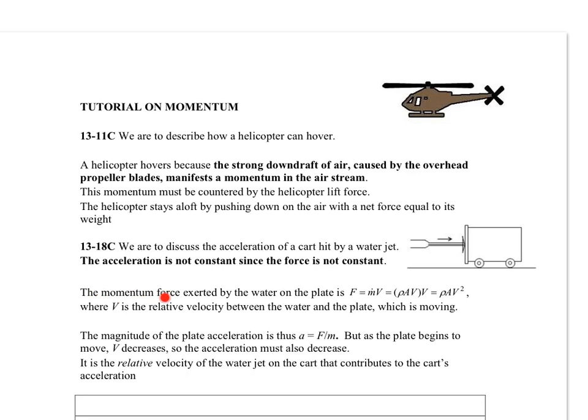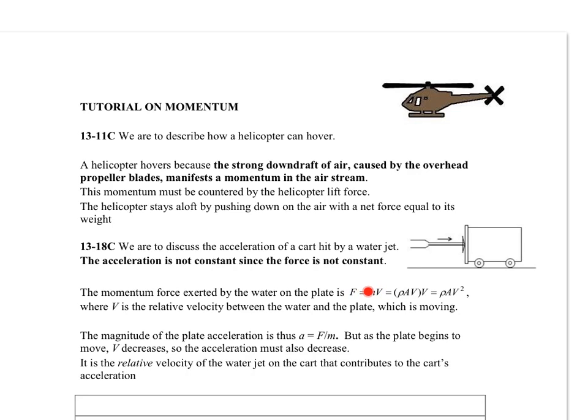The momentum force exerted by the water on the plate is the mass flow rate of water multiplied by the velocity of the jet. So now if we look at the formula, the force is equal to the mass flow rate times the velocity.